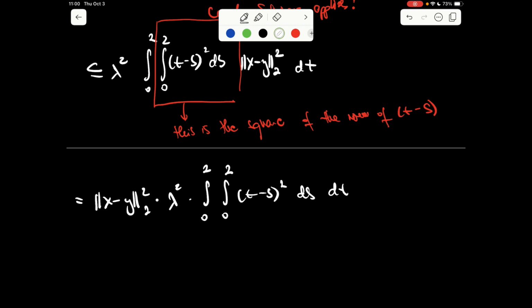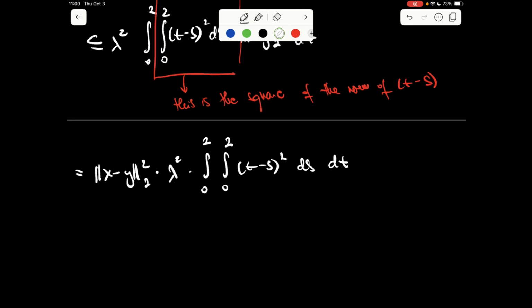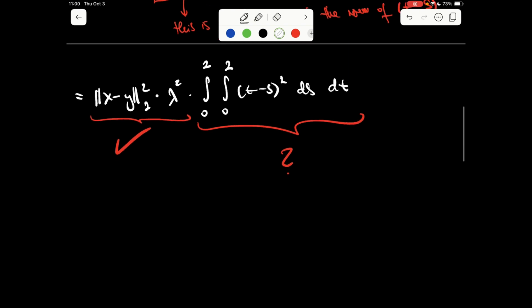One integral, two integral. This is known, so we have nothing to do with them. But this is something we need to find. So let's separate this problem into two integrals.